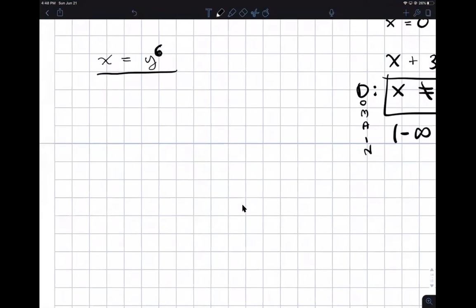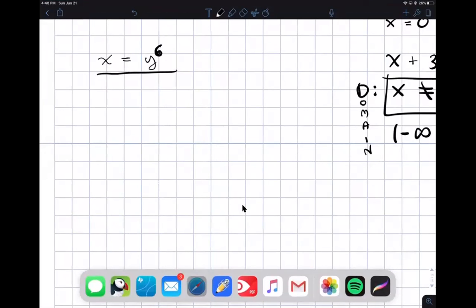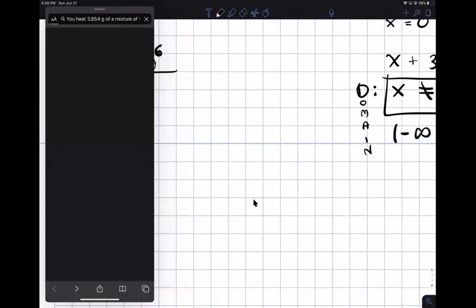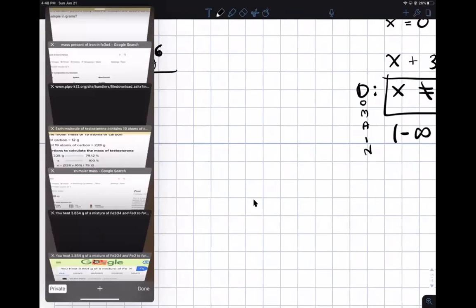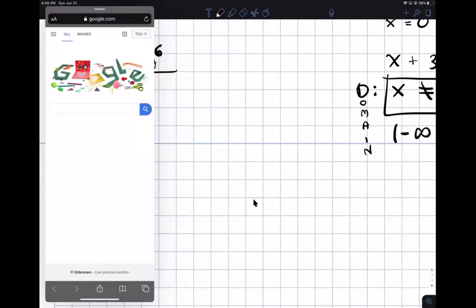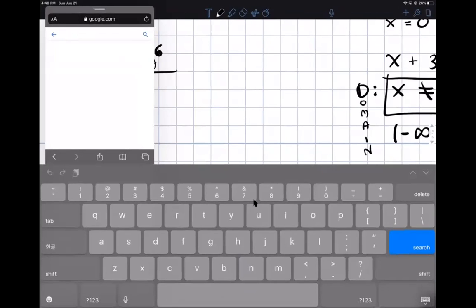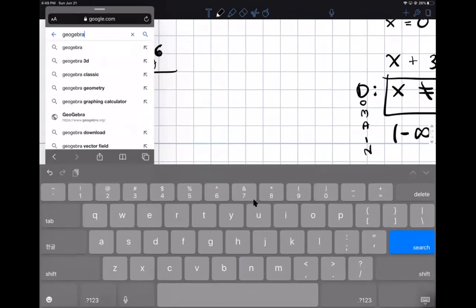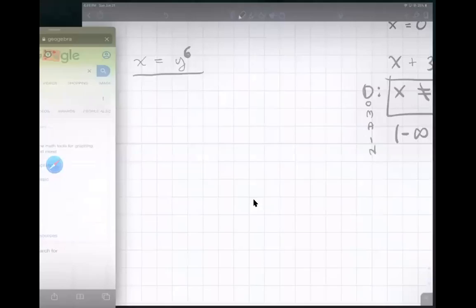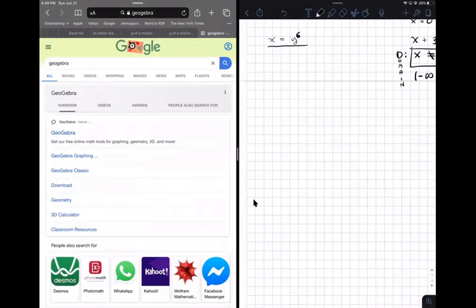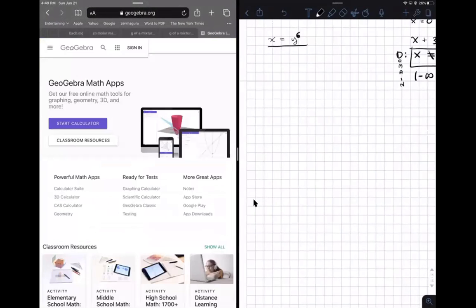Let's just start the calculator. Can you see this?